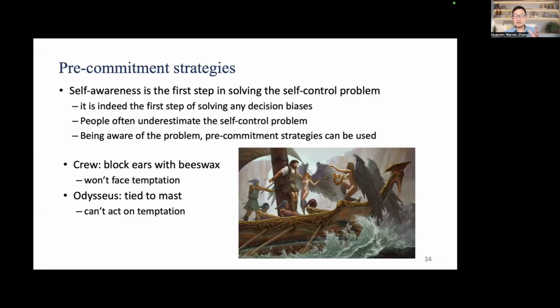So that means he will be able to hear the songs from the siren, but he cannot act on the temptation. Right. So this story illustrates the two ways of solving the self-control problem, the pre-commitment strategy. One, you just get rid of the temptation, and the other is that you get rid of the possibility of taking action on the temptation. Right?